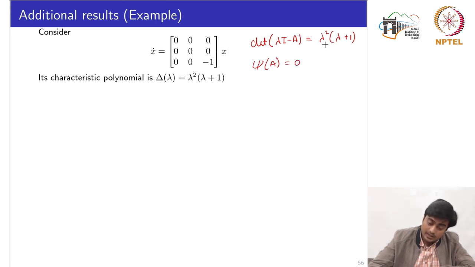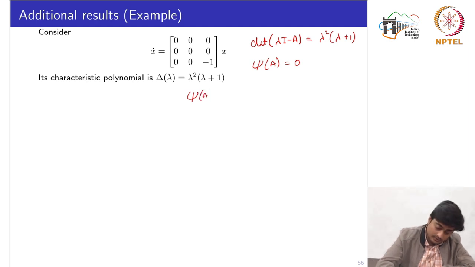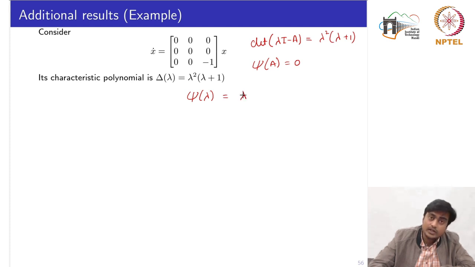So a polynomial of less than degree 3 could be, there are a couple of options. Let's say psi of lambda could be lambda, which is of degree 1, or lambda plus 1, which is also of degree 1.